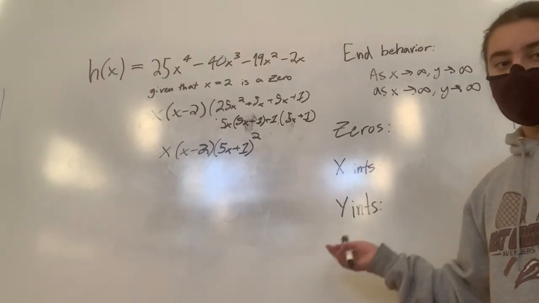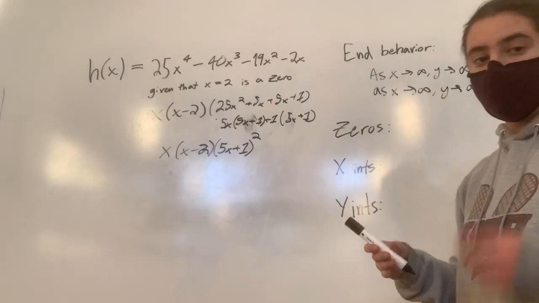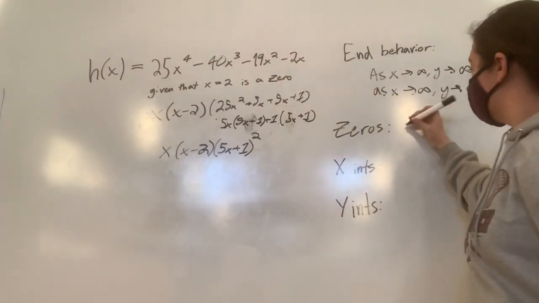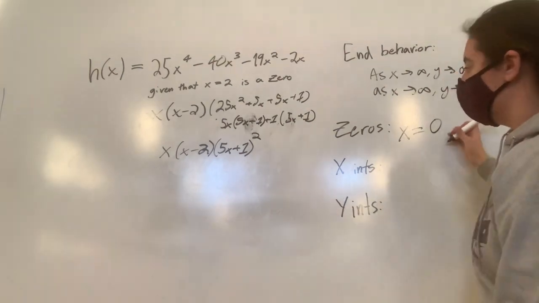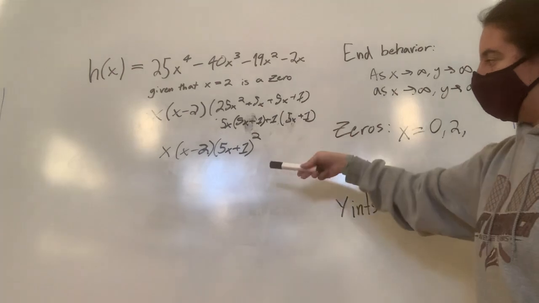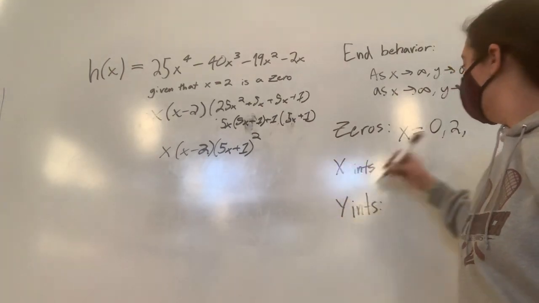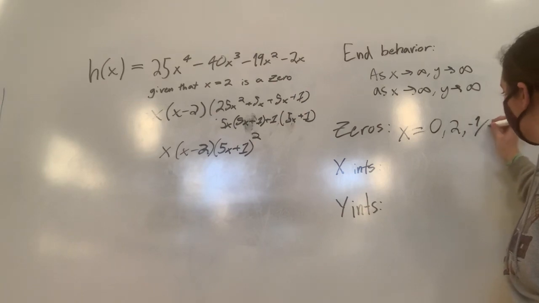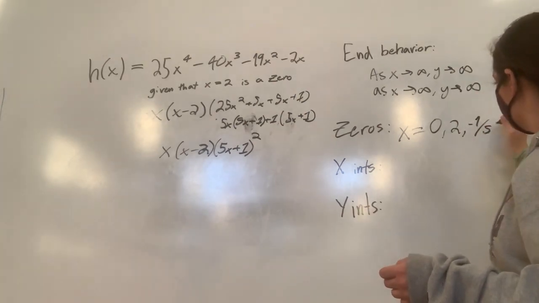So the degree is 4, we have 4 zeros, and luckily they're all right in here. If we set x equal to 0, that means x is 0, and then we have x equals 2, and then if we do this out, we get x equals negative 1/5, and that is going to be of multiplicity 2.